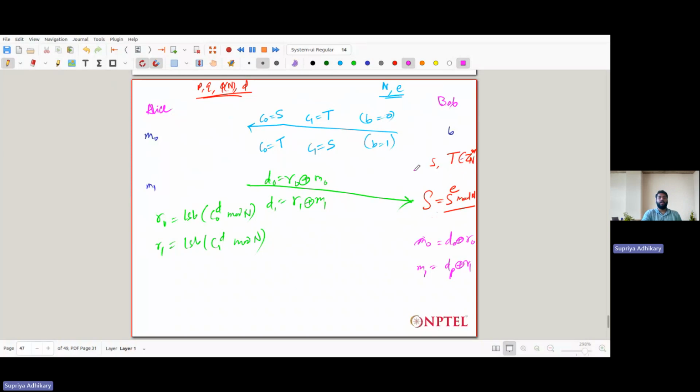Now, if Bob initially chose b equal to 0, then S is sent as C0.